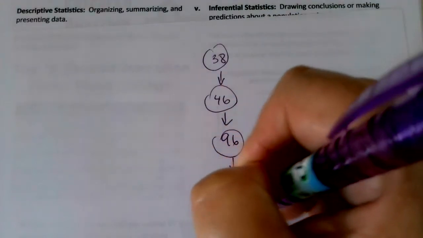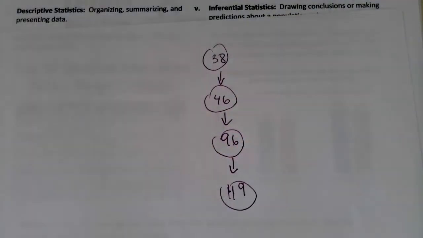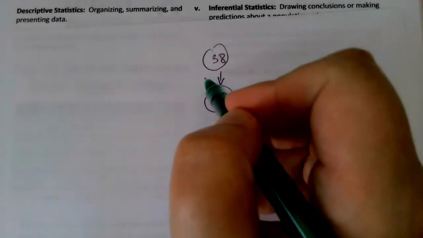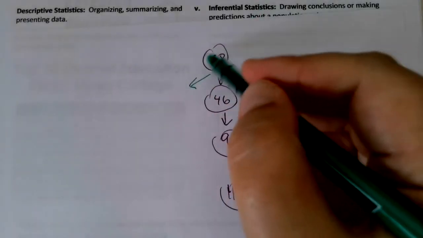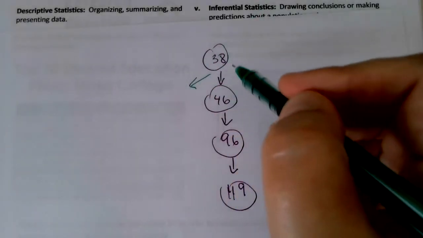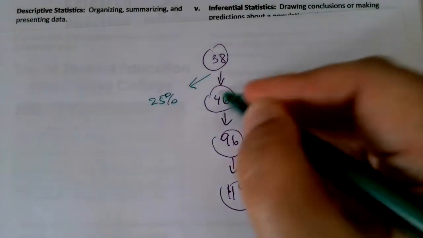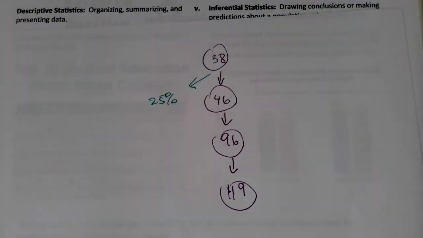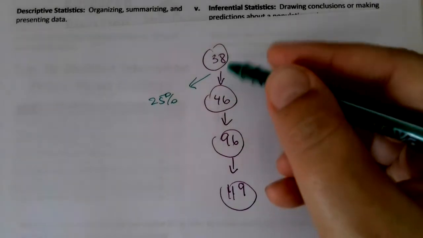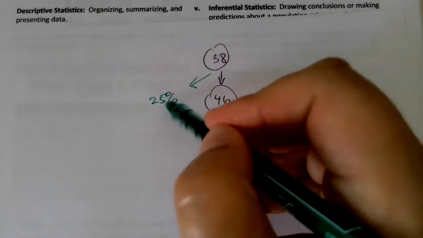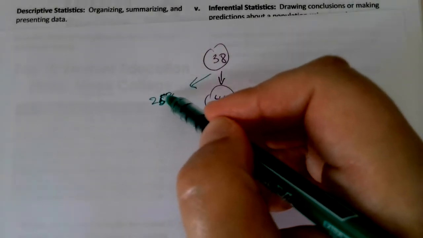So when they looked at the data, what happened is that 25% of all people who finished 38 successfully never enrolled in 46. They got lost somewhere between these two classes. And I just want to emphasize that they did not fail.